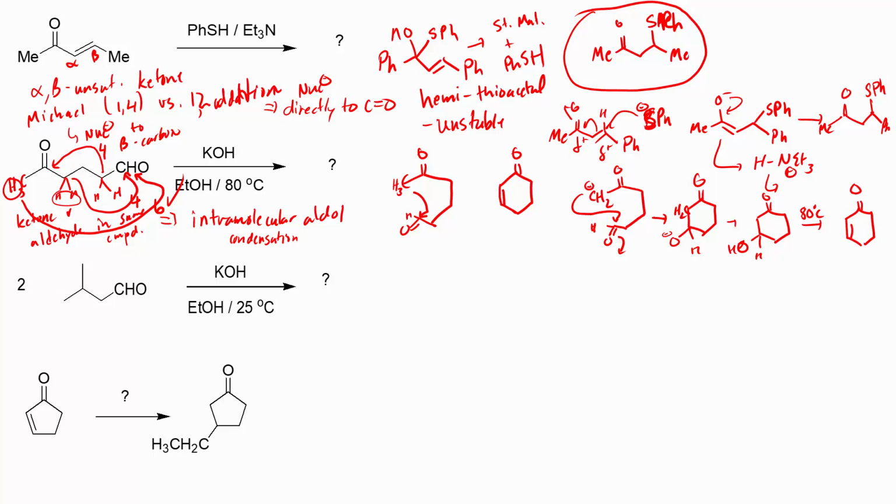Okay, this one, what's happening here? We have a base. We have two molecules now of a carbonyl group. Okay, this looks like it's a self-aldol, meaning that when we look at what connects, again, this is not a mechanism arrow, this is a what goes where arrow. We're taking the alpha position there and combining it with the carbonyl group there.